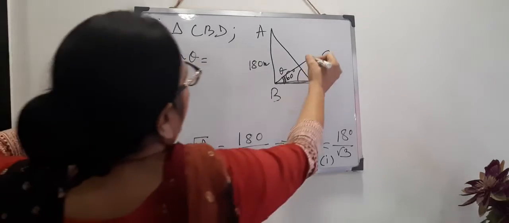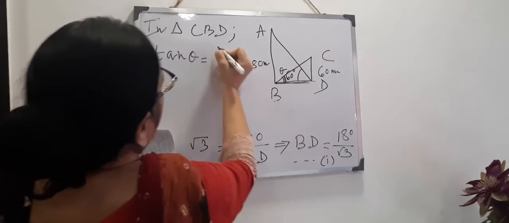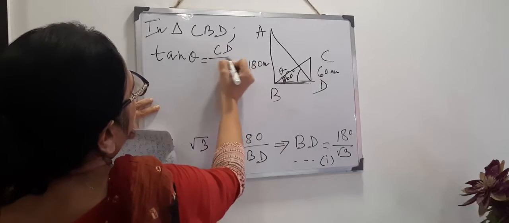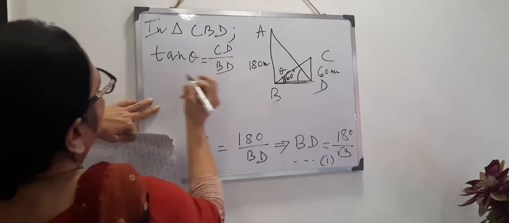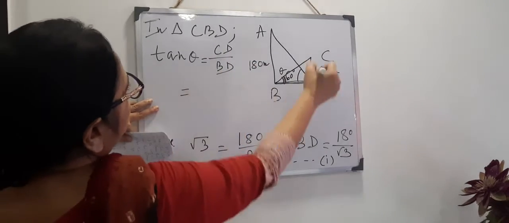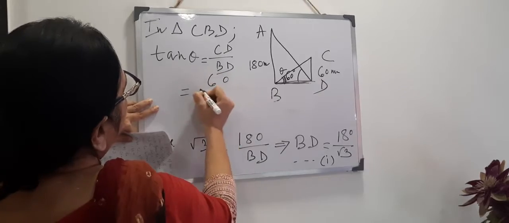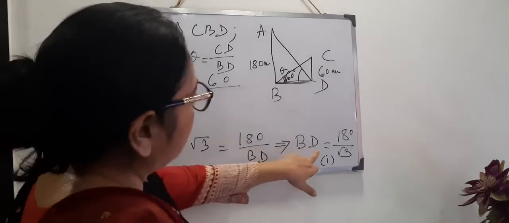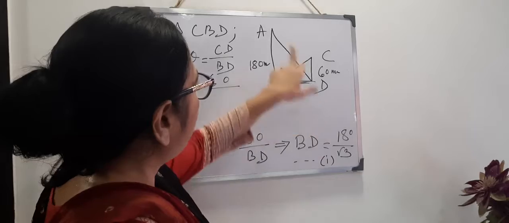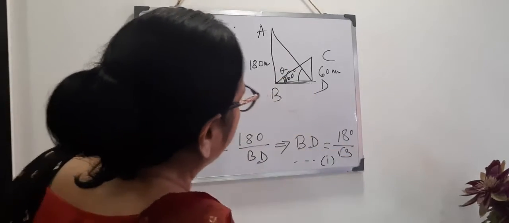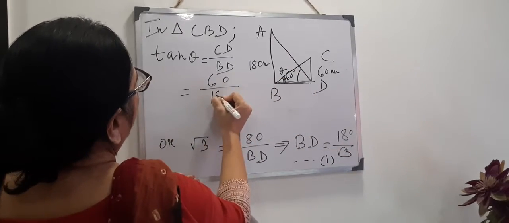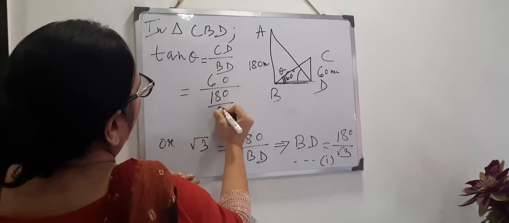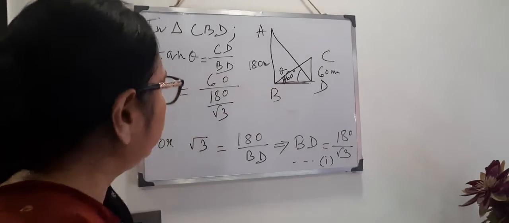Tan theta equals to again perpendicular by base. Perpendicular is CD, base is BD. Tan theta is unknown, CD we know 60 and BD we have calculated from previous triangle, that is 180 by root over 3.